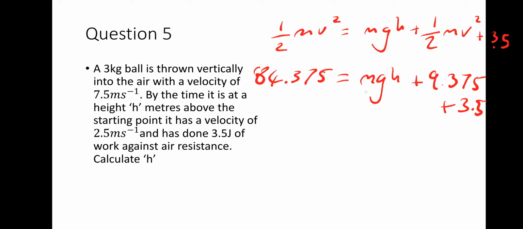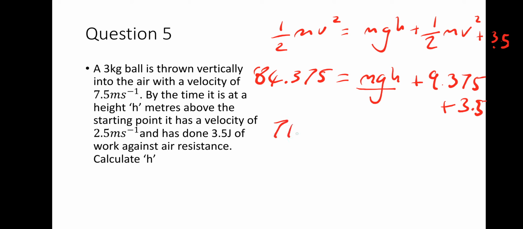So we can tidy this up to get mgh by doing the 84.375 and subtracting the two quantities on the right hand side. So if we just do 84.375, subtract 9.375, and then subtract the 3.5, the remaining 71.5 joules is equal to the gravitational potential energy.